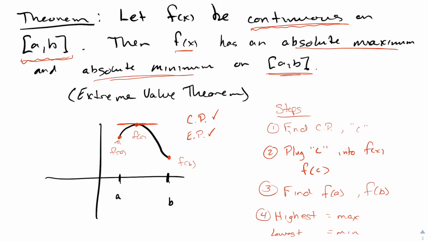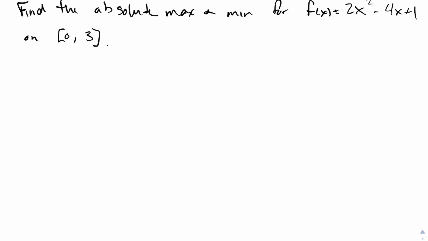So let's do an example of this. Here, we want to find the absolute max and min for our function f of x equals 2x squared minus 4x plus 1 on the closed interval 0 to 3. Our first step, we want to find our critical points.